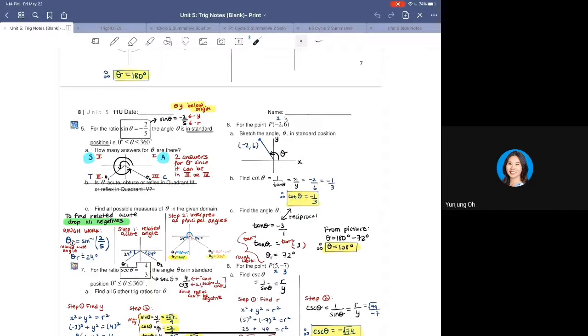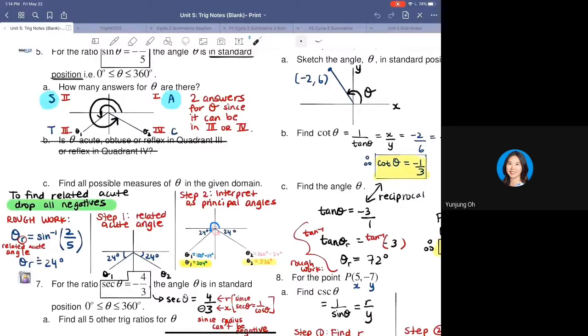If you don't take the negative out, it's still very workable, but I want to keep my steps consistent when I solve. So one way I'm doing this is dropping the negative, and that way I'm getting a related acute angle every time rather than, let's say, an obtuse angle. If I take the sine inverse of positive 2 over 5, I get 23.578, so about 24 degrees.